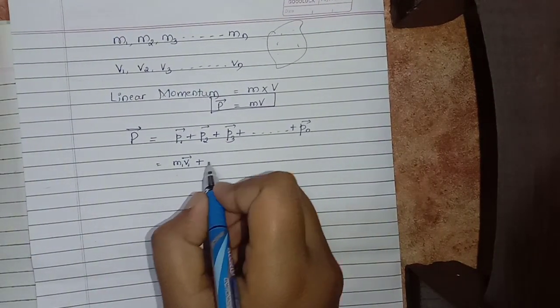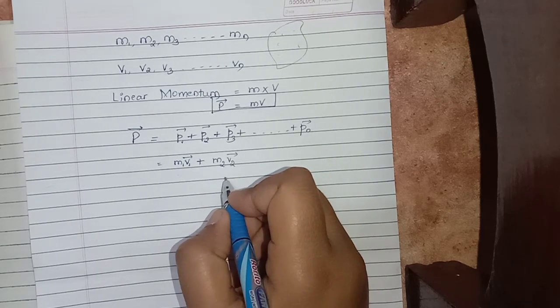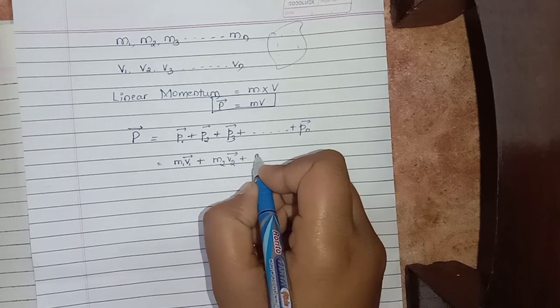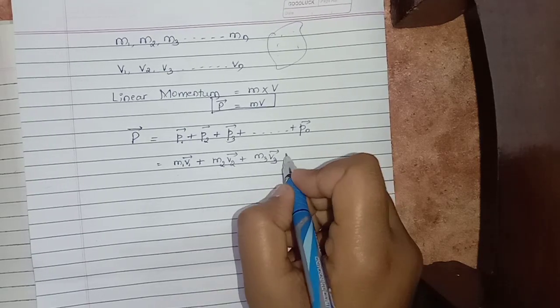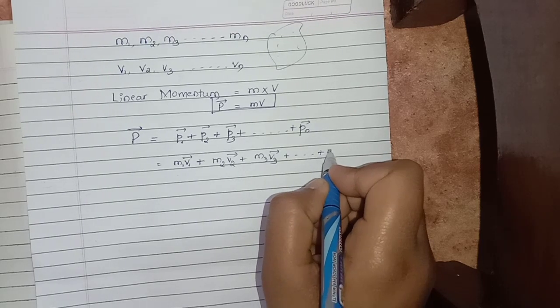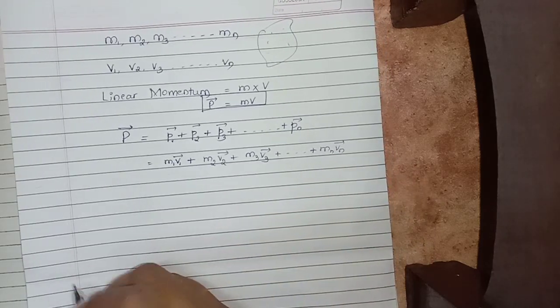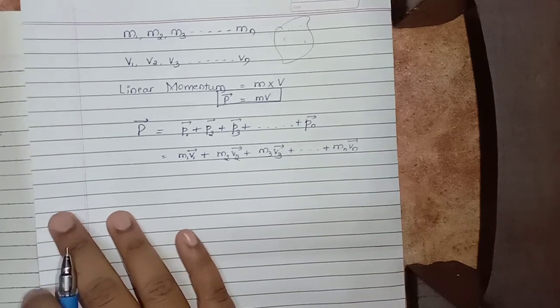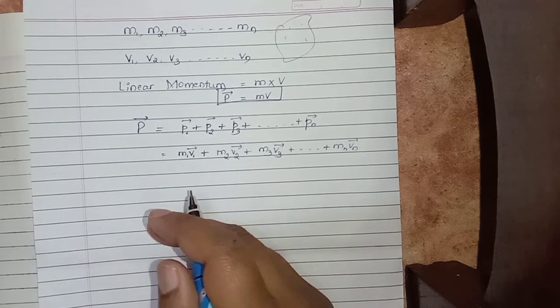Similarly, the second particle has mass m2 and velocity v2, the third has mass m3 and velocity v3, and the nth particle has mass mn and velocity vn. So p1, p2, p3 can be written as m1v1, m2v2, m3v3.